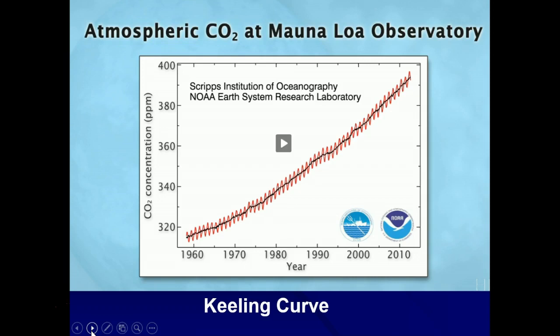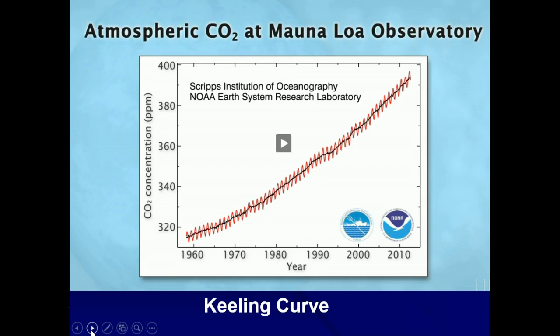Hawaii is a pretty remote place, and so he thought, well, that's a good place to start. So he set up a measuring device on the Big Island of Hawaii that measured the amount of CO2 in the atmosphere. And he started, as you can see, in 1957.